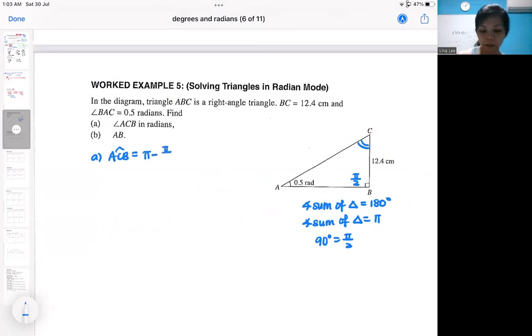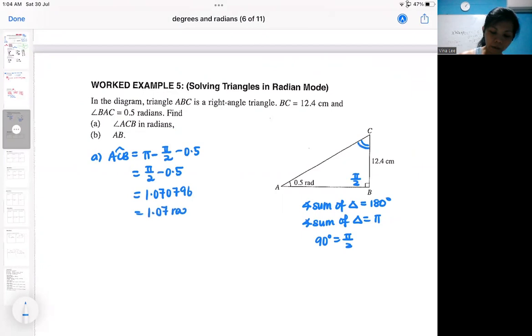I'm going to subtract the 90 degree, which is equivalent to pi over 2, then subtract 0.5. If you need to leave it in terms of pi, then this is the answer. Otherwise, you can punch it out. You give the answer in 3SF, but later on, if you're going to use this angle, you use the one that has more decimal places. I'm doing everything in radian.